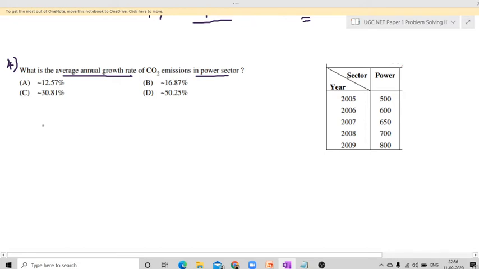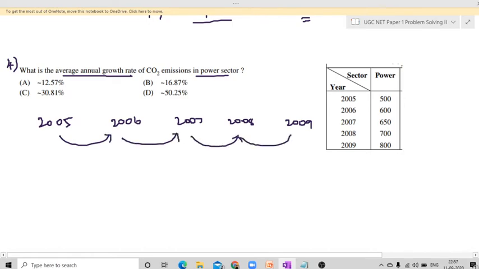For which what can be done is, we actually have 2005, 2006, 2007, 2008 and 2009. So there are 4 increases happening. Is it or not? Yes, that's 4 growth rates which are seen here.